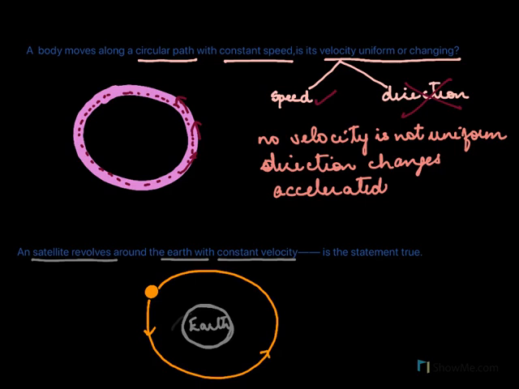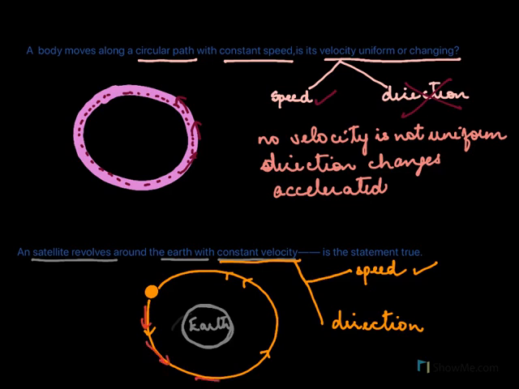Can I say this satellite has uniform velocity? Again, for velocity to be uniform, two things should be the same. The speed should be the same and the direction should also remain the same. Here we know the speed is the same, but is the direction the same? You definitely agree the direction is not the same. The direction keeps changing.